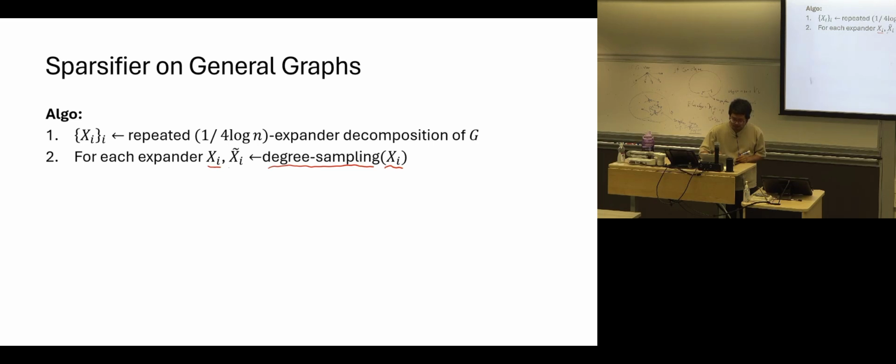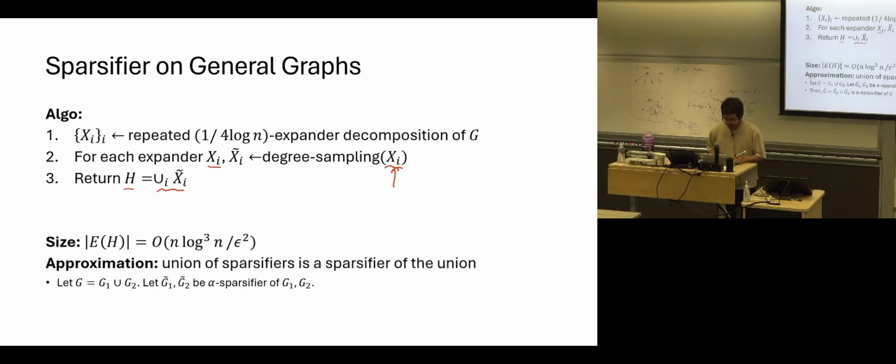Call the expander Xi; given Xi, sparsify it and call the result Xi tilde. And then take the union of all these sparsified expanders, and that's it. Return the union as your graph, as your sparsifier.